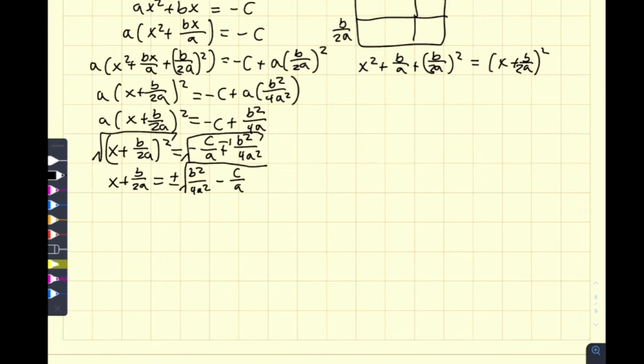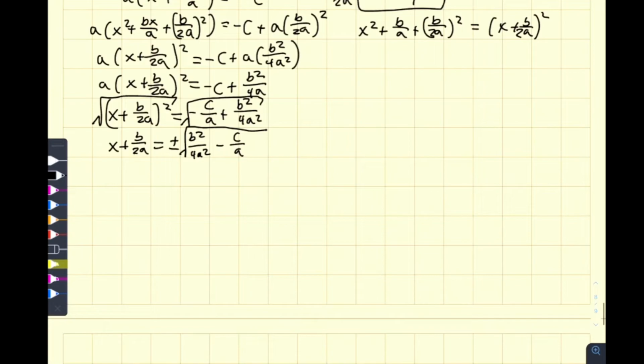I just flipped these. Now we will have to subtract the b over 2a from both sides. This will be x equaling plus or minus the square root of b squared over 4a squared minus c over a, minus b over 2a.